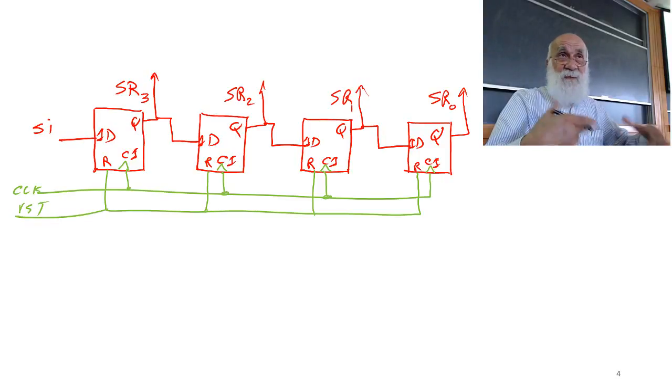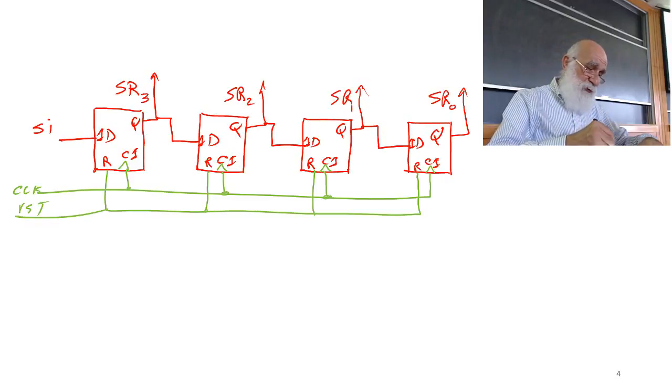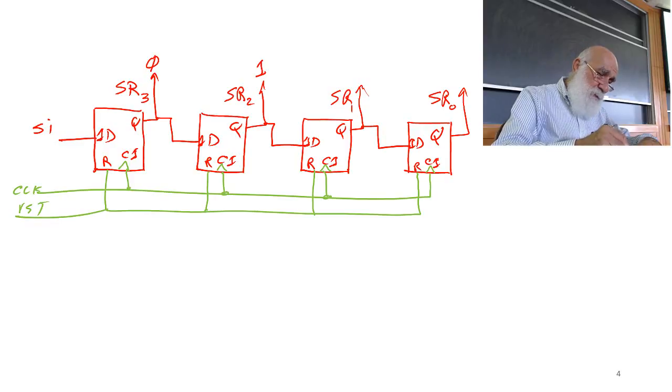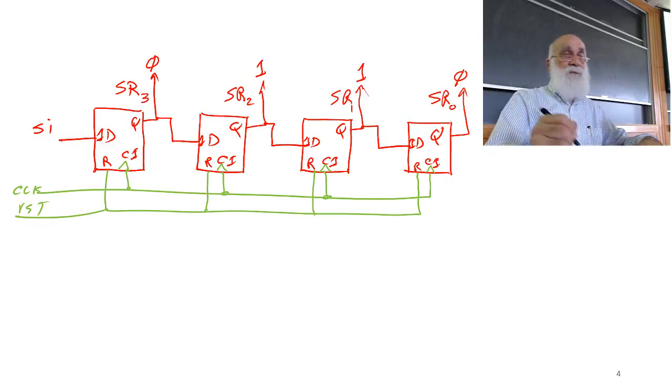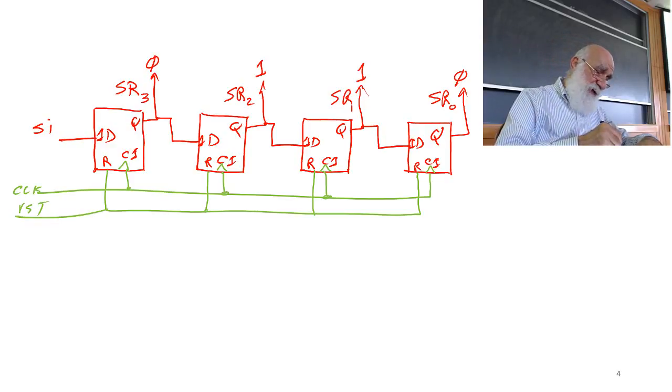Let's say that at the very beginning I put some data into my register, and let's say my register, meaning these outputs, starts with the value 0, 1, 1, 0. Also let's say that initially on my serial input I have a 0 sitting.